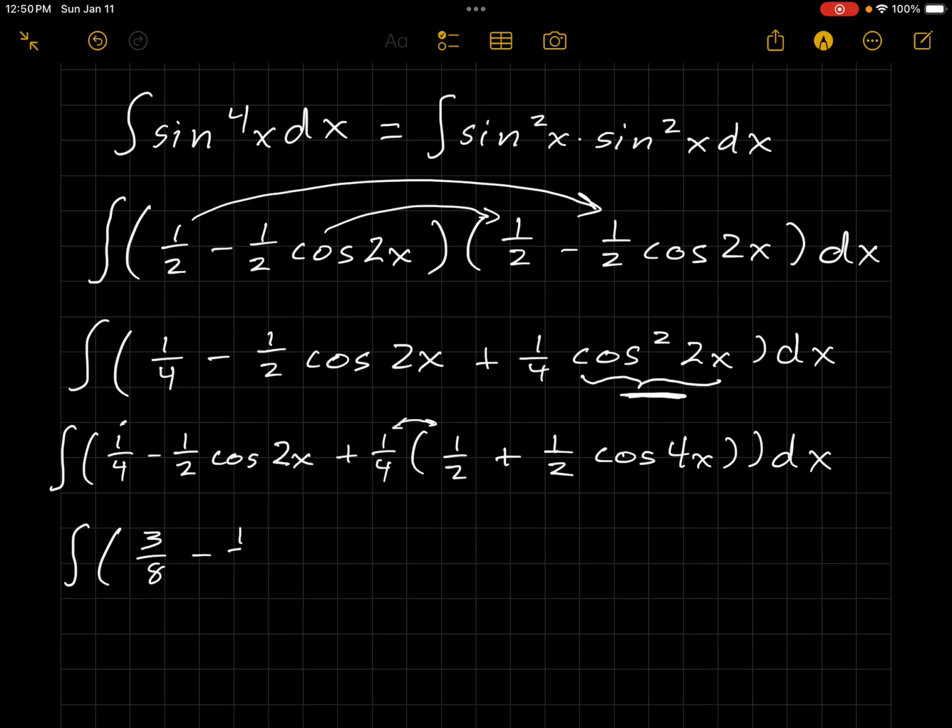Then I'll have minus 1/2 the cosine of 2x. And then I'll distribute this back part, which will give me plus 1/8 the cosine of 4x. And it takes all that work just to get to a place where we can find the antiderivatives relatively easily.